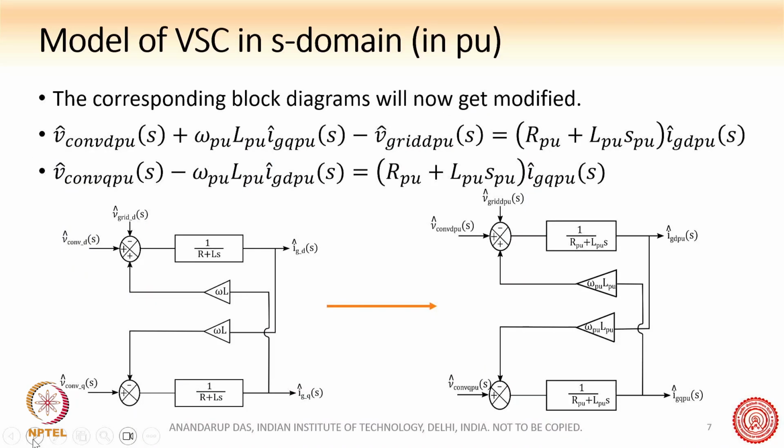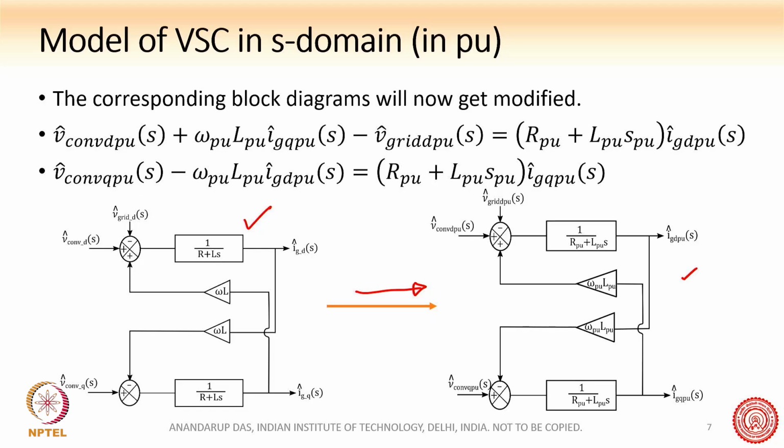So we can now develop the model in a diagrammatic way, in the form of control block diagrams. The block diagram which was there earlier is now modified to a per unit block diagram, which is shown here.